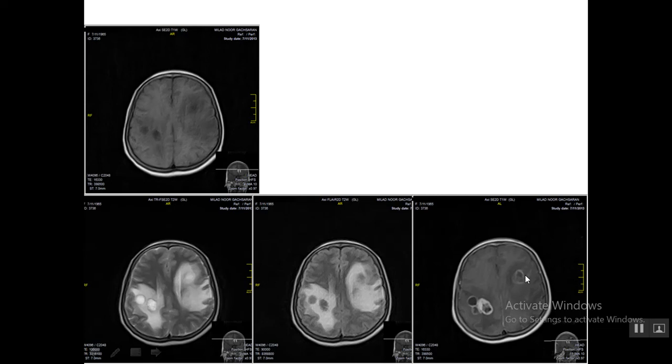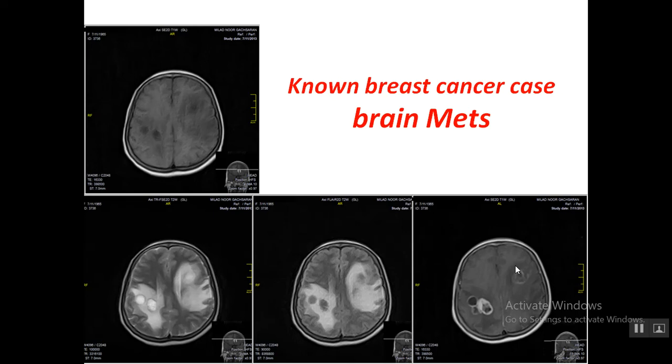Here is the focus of mets. As I pointed out, the patient is known to have breast cancer, and we could find brain metastasis.